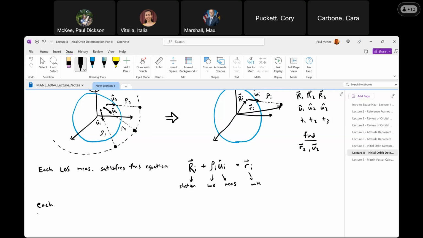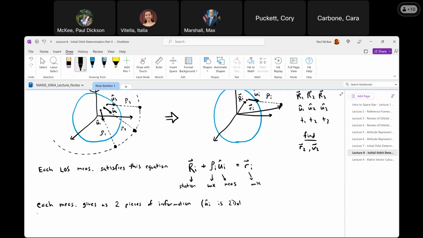Or you can think of it this way, right? Each measurement, if we're counting measurements, gives us 2 pieces of information, because remember that a unit vector has 2 degrees of freedom.